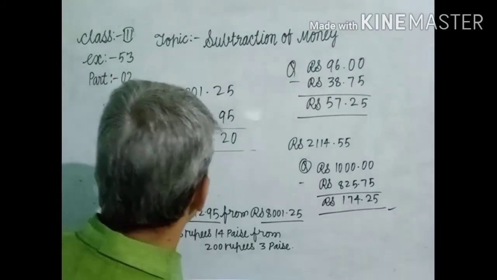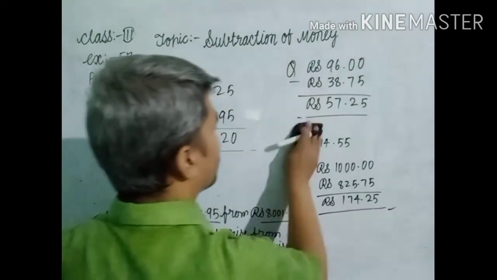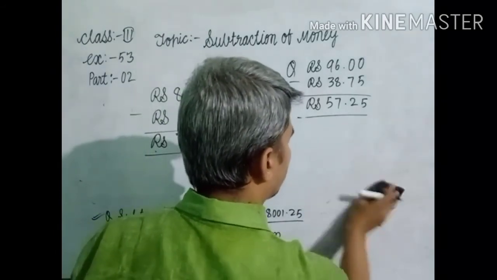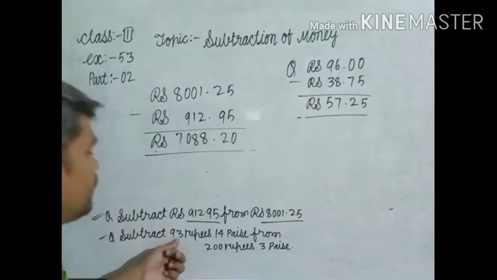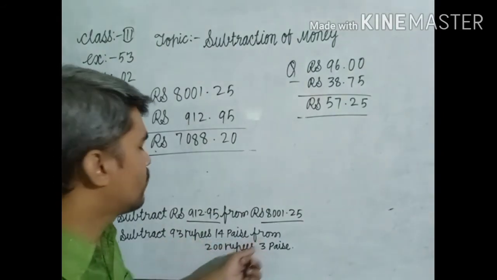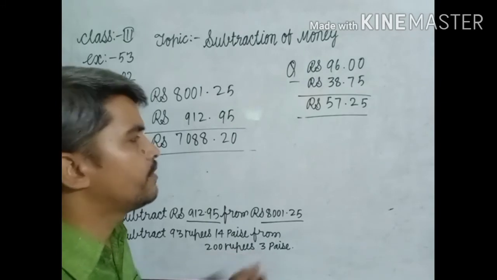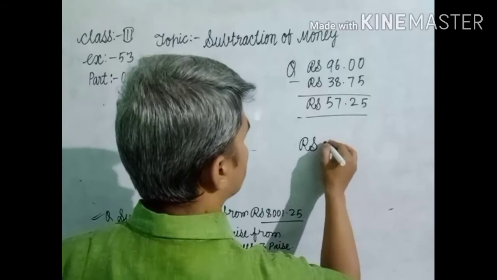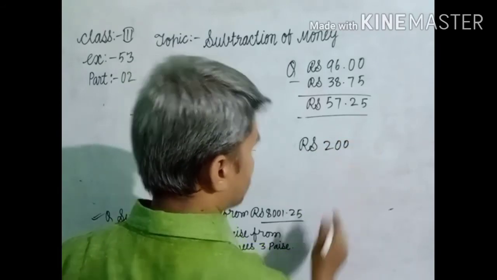Now the last question: subtract 93 rupees 14 paise from 200 rupees 3 paise. So you write here Rs 200 rupees.